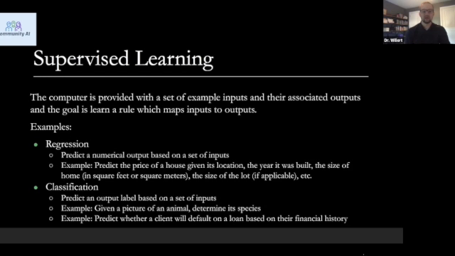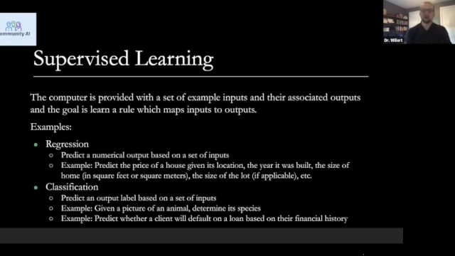How do we do this? So we take information about the house, maybe its size, the year it was built, the size of the lot, its relation possibly to certain amenities, maybe how good the high schools are in the area, and we use all that information to predict a price. So this is a numerical output, which is why it's an example of a regression problem.